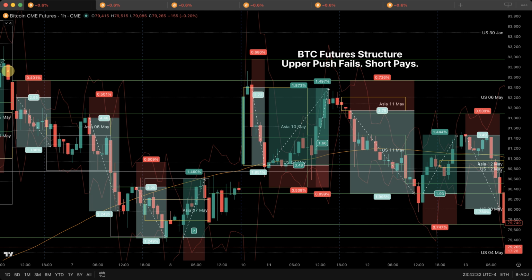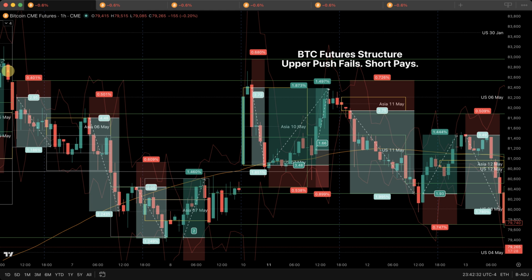It tests May 11th U.S. upper boundary. The short entry sits at May 11th U.S. upper boundary. The stop sits at May 6th U.S. lower boundary. The first target sits at May 12th U.S. lower boundary.